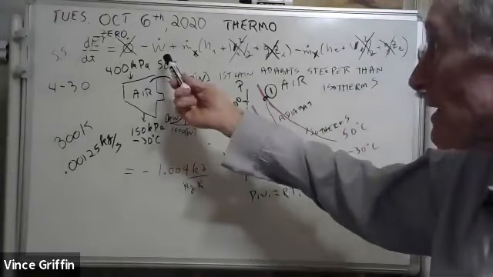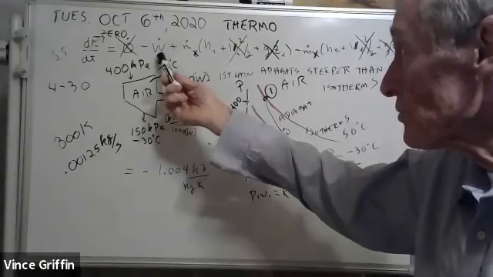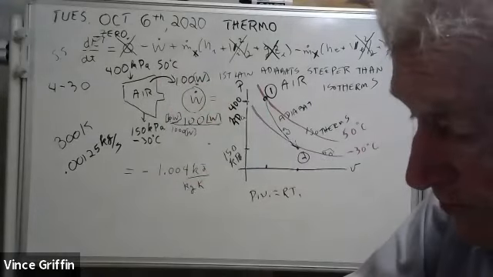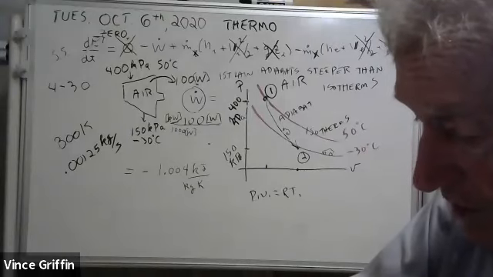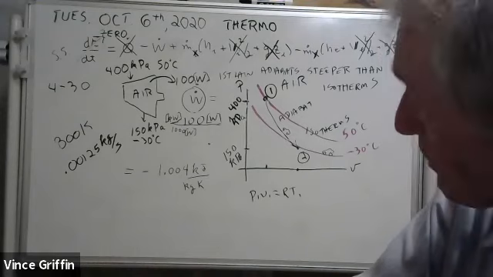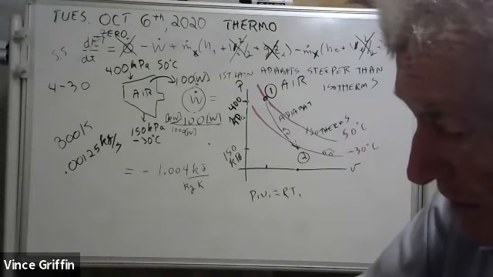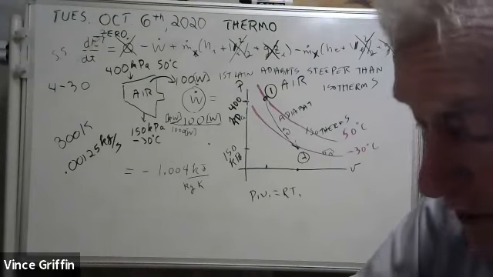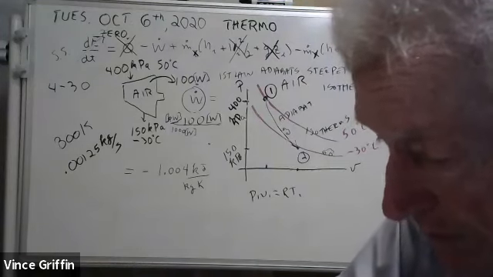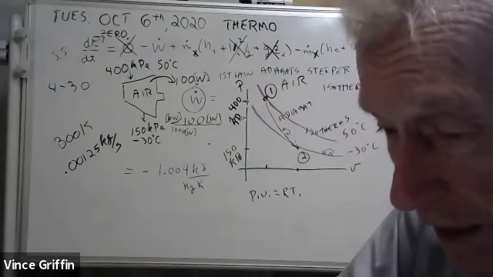Now, turbines provide you with power. That's what the dentist used to run his drill. It provides you with power. But compressors don't provide you with power. They require power.